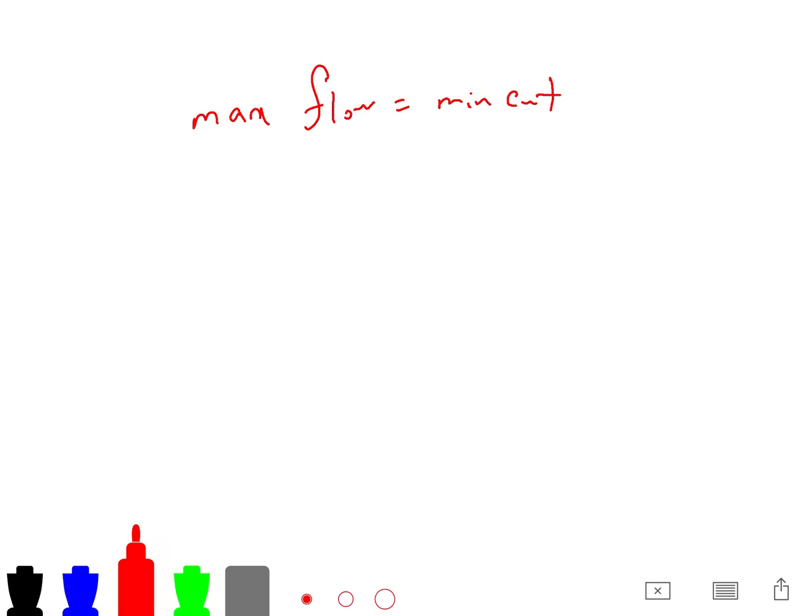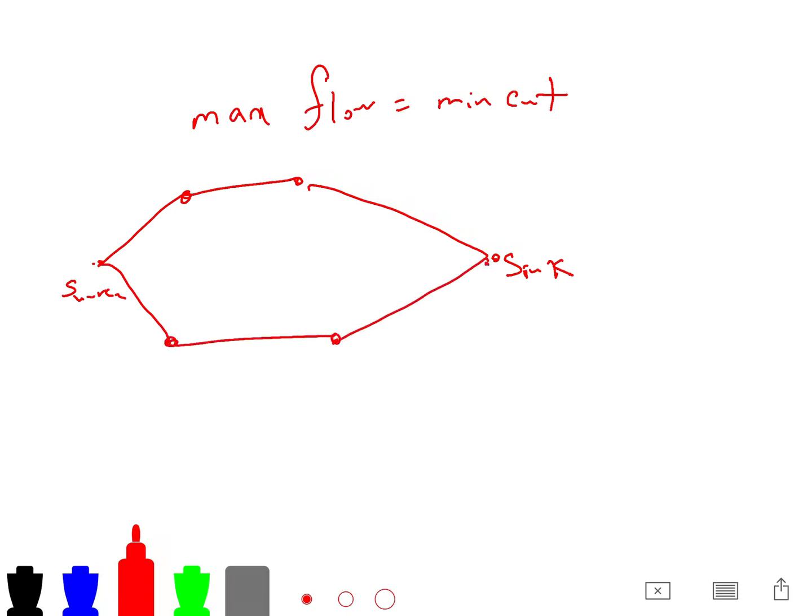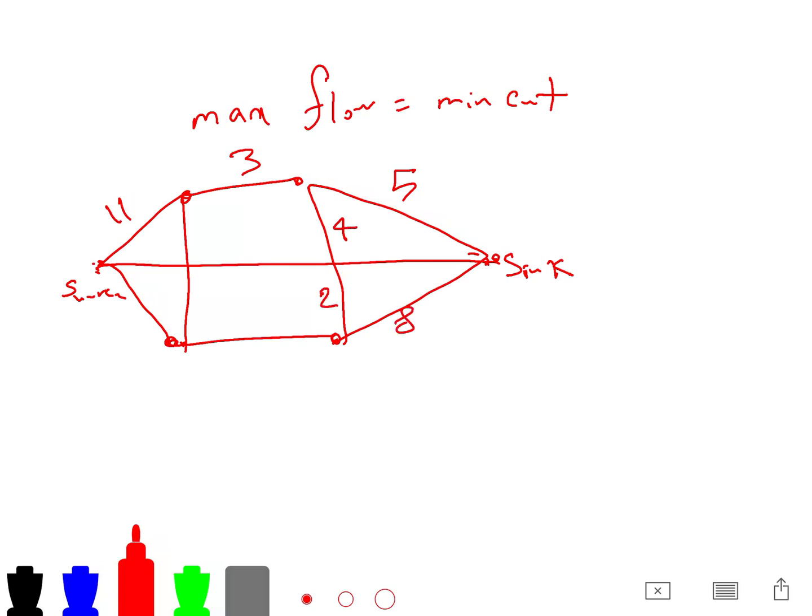For example, in max flow min cut, you have some source, you have some sink. For example, this is a nice example. 11, 3, 5, 4, 2, 8, 19, 12. This is the capacity. 1,000.